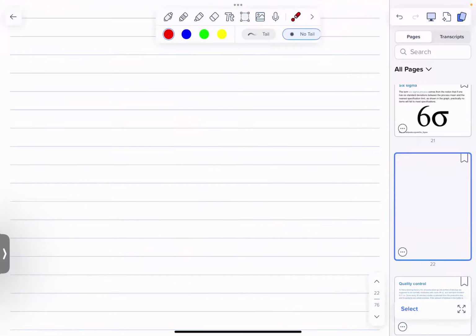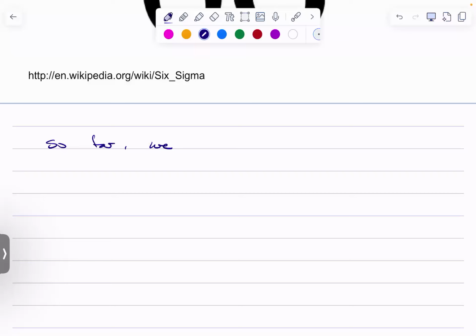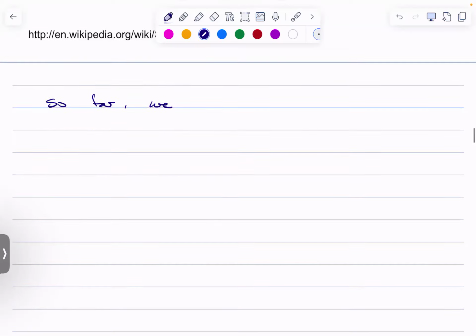I'm going to make some notes here. So far, we have just started with a Z-score, and found probabilities associated with a Z-score.